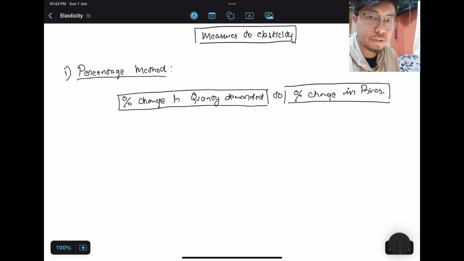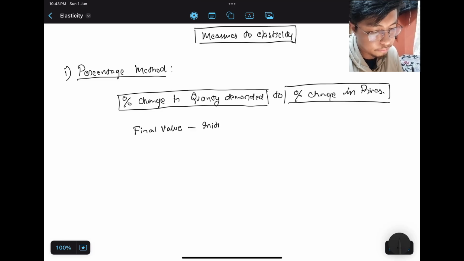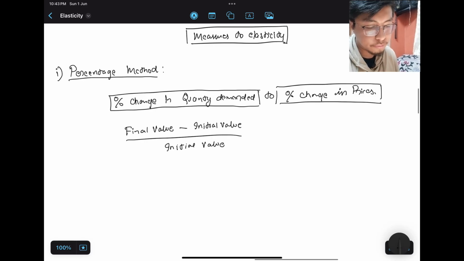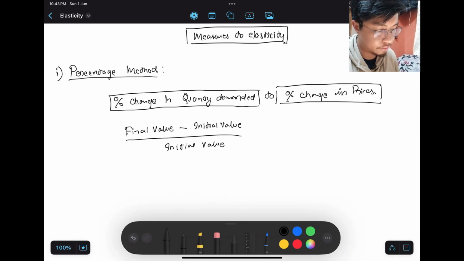So how do you calculate that percentage change? It is your final value minus your initial value, upon your initial value. This is the percentage method.